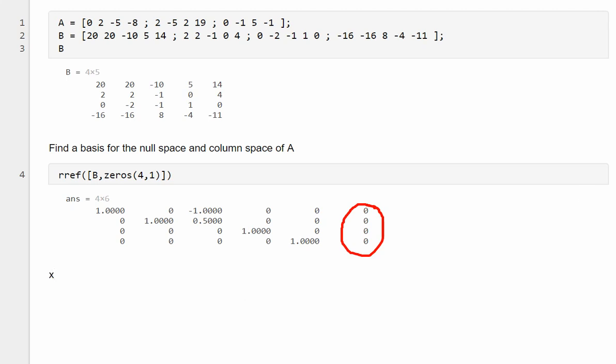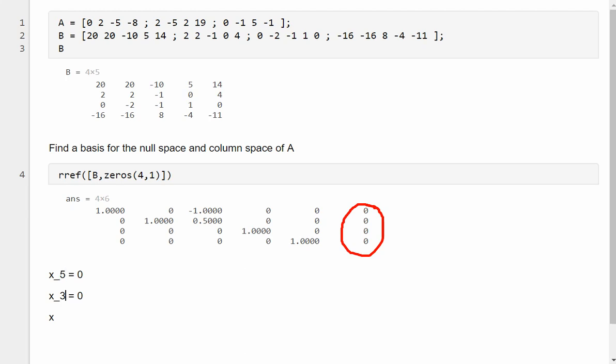We know that x sub 4 is going to equal 0, and x sub 3 is also going to equal 0. And then x sub 2 is free. Wait, I'm sorry, I was off by 1.